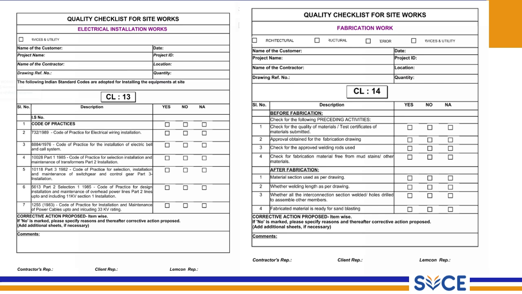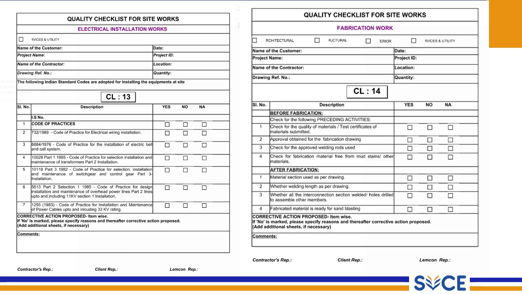Electrical installation works. I can say the code of practice for electrical wiring installation. Whether we are following the code of practice, that we have to see. Code of practice for installation of electric call bell system, and code of practice for erection and maintenance of transformers.